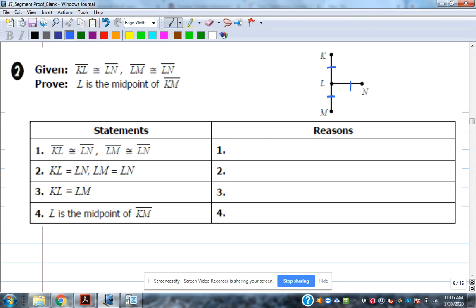So number 1. Yeah, good job. All right. And then what did they do from number 1 to number 2? Yeah, they just took the object part off of it and just did definition of congruence. And then how did we go from 2 to 3?